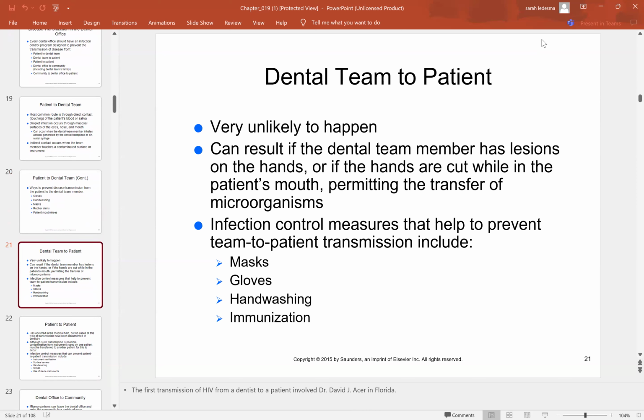Dental team to patient is very unlikely to happen, but can result if the dental team member has lesions on the hands or if the hands are cut while in the patient's mouth, permitting the transfer of microorganisms. Infection control measures to help prevent team to patient transmission include masks, gloves, hand washing, and immunization.